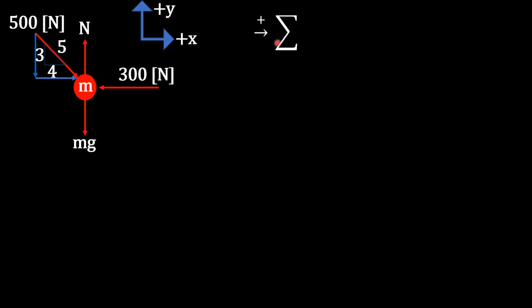We will take the sum of the forces in the x direction, and the movement is happening in the x direction, so it will be mass times acceleration. There is no movement happening in the y direction, and we're not adding the forces in the y direction because we don't have friction force to account for, because friction force is related to the normal force.